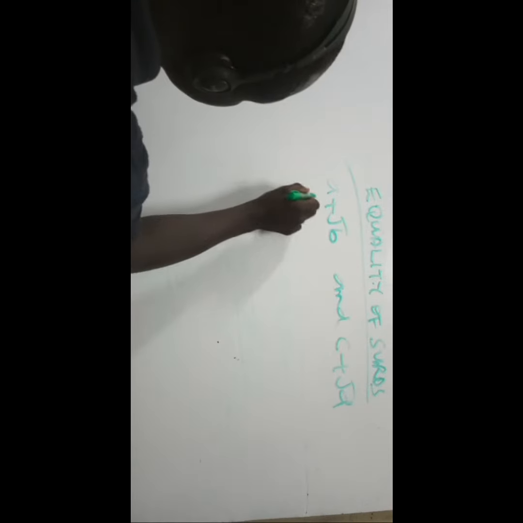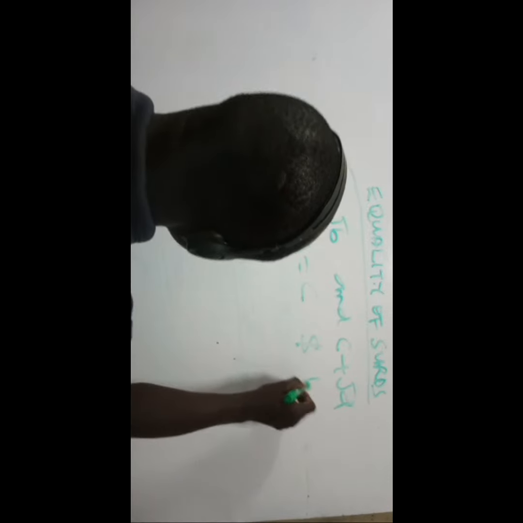These two expressions are said to be equal if a is equal to c and b is equal to d. The only way for these two expressions to be equal is when a is equal to c and b is equal to d. That is the condition.